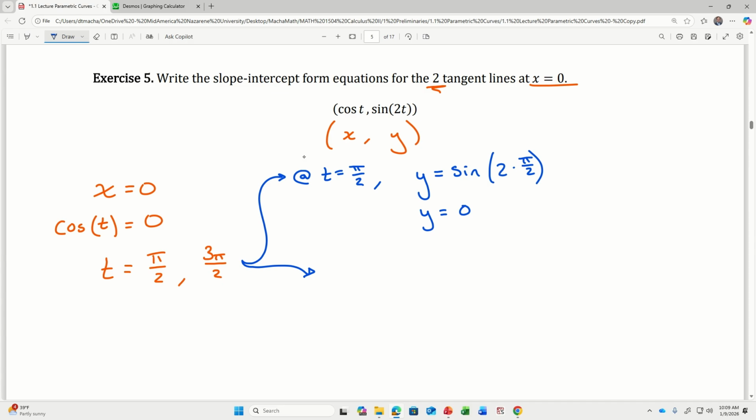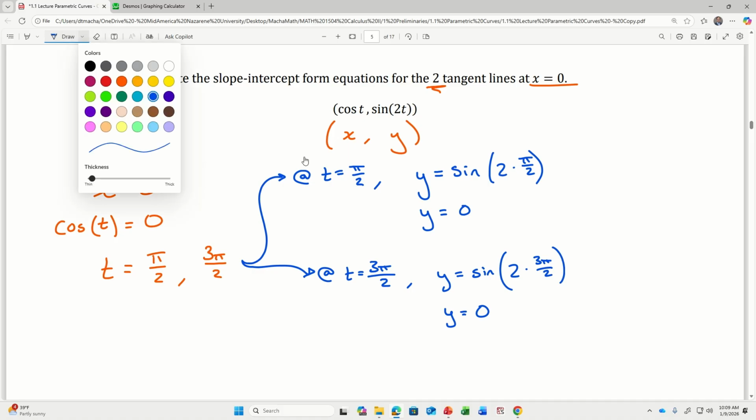And then at t equals 3 pi over 2, y is equal to sine of 2 times 3 pi over 2, which means that y is equal to sine of 3 pi, which means y is equal to 0. Yeah, because sine of any integer multiple of pi is 0. So both of these tangent lines happen when x is 0 and y is 0. But we're still going to get two different tangent lines.